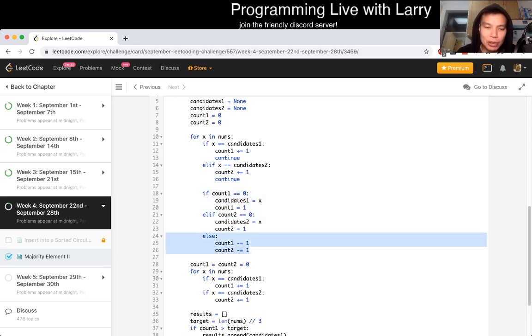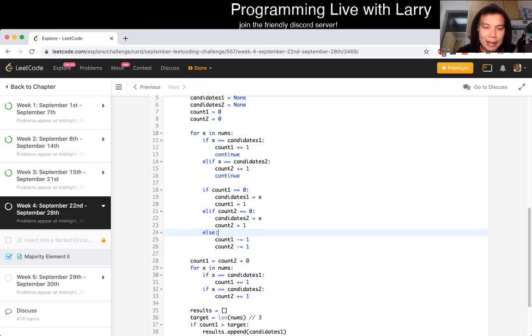The key point to notice, and which I didn't during the video, is that this only happens half the time, because it would require both count 1 and count 2 to be not 0. So if one of these is 0, that means that that row only counted half the time.